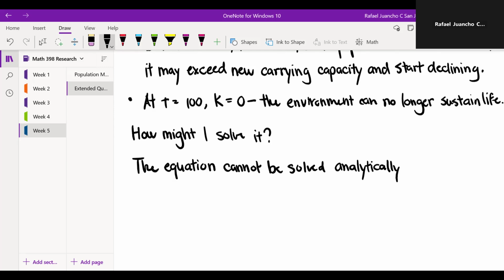So getting an exact answer, right, through separation because of the time-dependent denominator, right? So that's one of the reasons why.